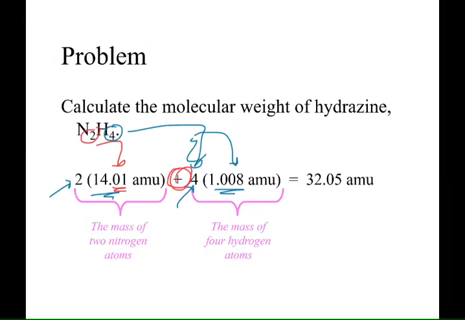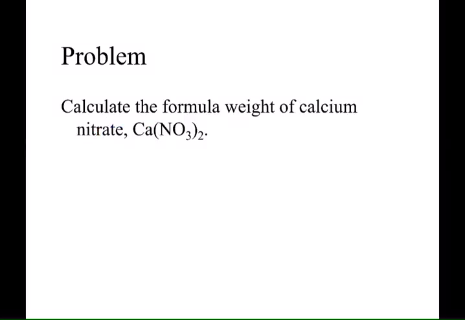So we have 2 decimals here, 3 decimals here, so we are only allowed 2 decimals in our answer. So a molecule of hydrazine weighs 32.05 AMUs. Not so bad, huh? And it makes sense. You just add up those 6 atoms and how much they weigh, that's how much the molecule weighs.